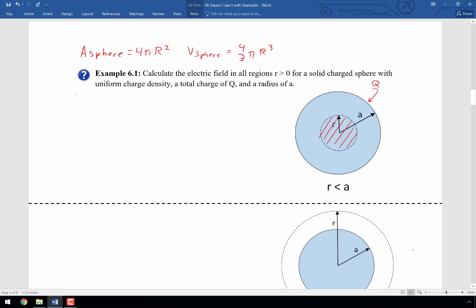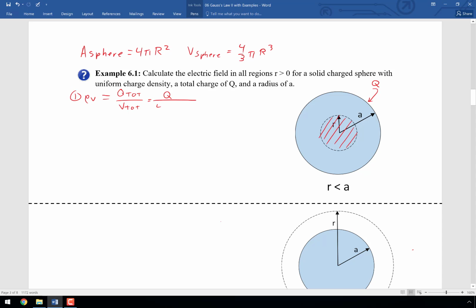And so step 1, I'm going to calculate rho sub v. I'm going to treat this as a three-dimensional object, and so therefore I need the volume charge density. Well, rho sub v is going to be equal to the total charge divided by the total volume. So I'm going to go ahead and write total charge divided by the total volume. And we were given in the problem statement, and I even wrote it over there on the figure, that the total charge is just Q. Now in a different problem you might be told that it was 2 coulombs or 10 millicoulombs, but here it's just a variable Q. And what is the total volume?